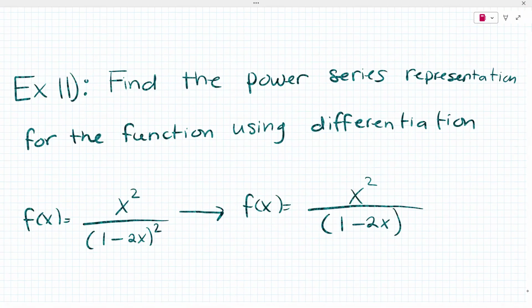And we want to compare it with this. So yeah, this was given.